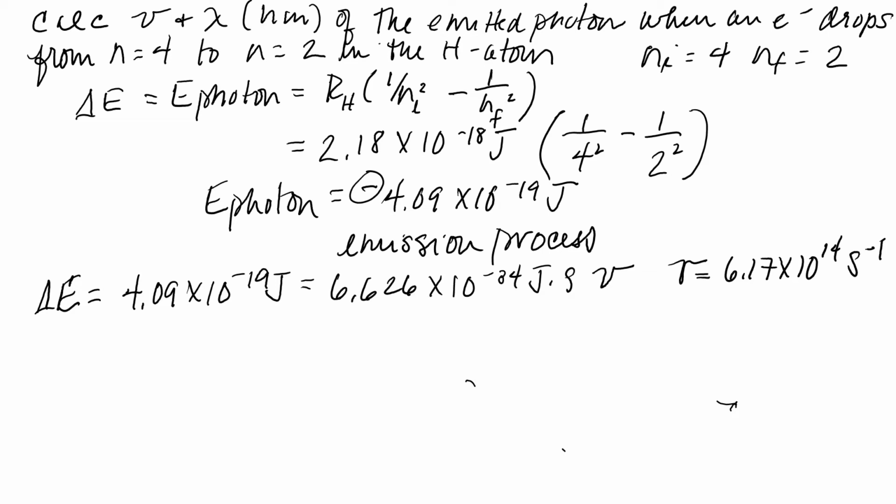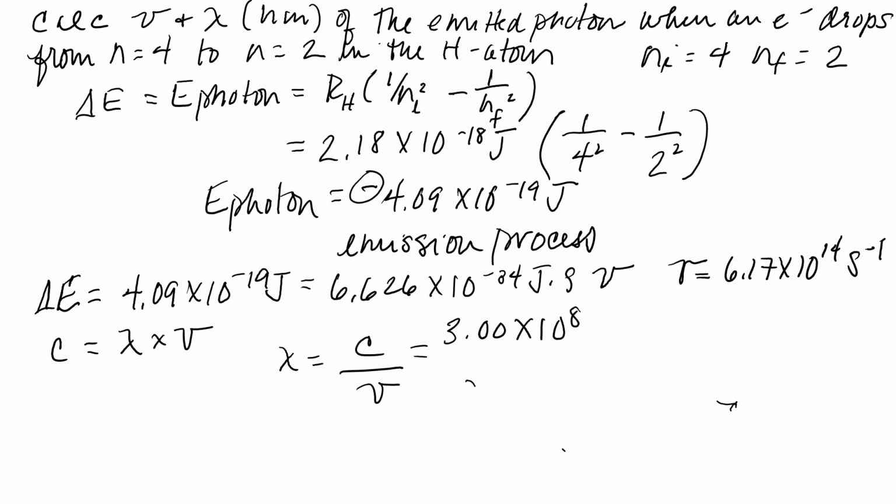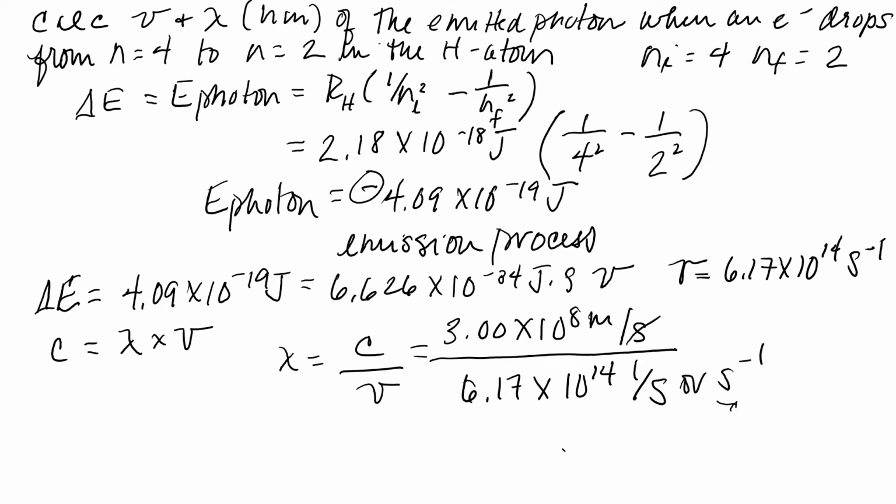Now that we have frequency, we can solve for lambda using c equals lambda times frequency, where lambda equals c divided by frequency. Speed of light in a vacuum, and we divide that by our frequency that we just calculated, in s to the minus 1. So seconds cancel.